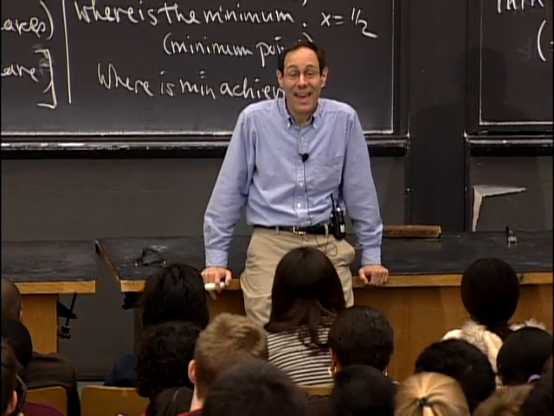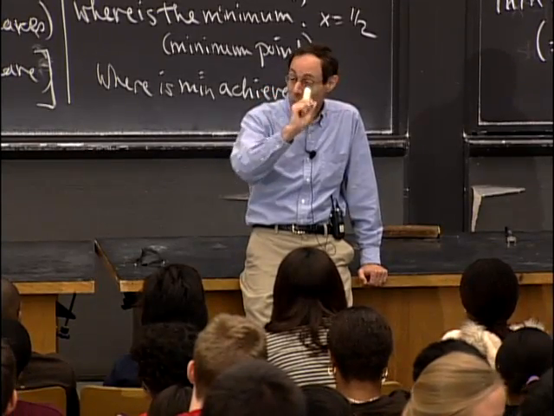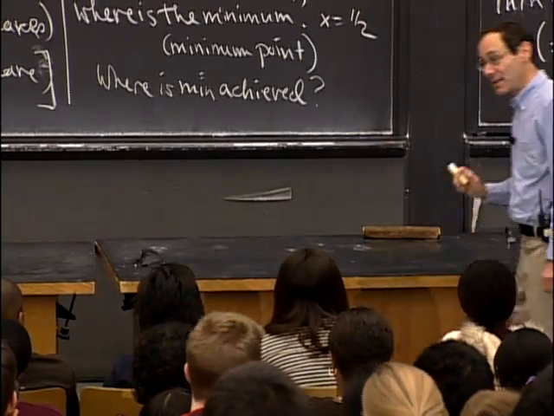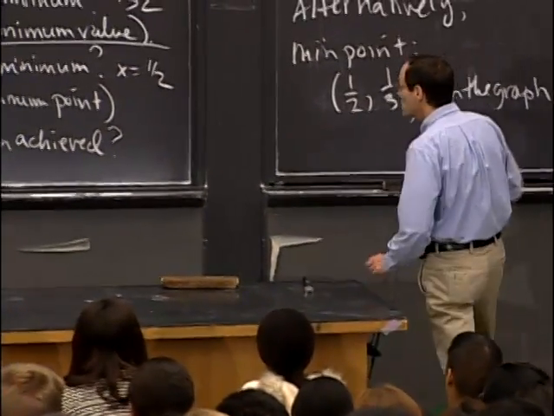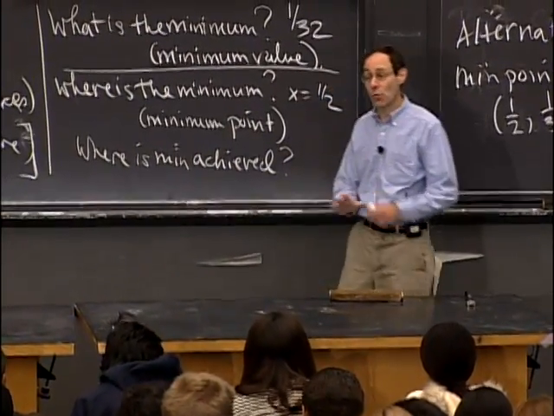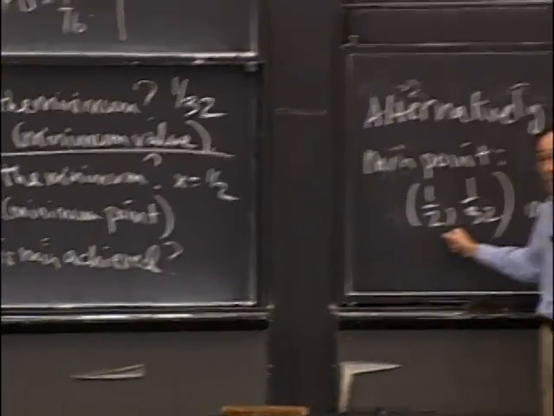Okay? And the answer is that for the purposes of this class, I will probably avoid saying that, but I will say probably where is the minimum achieved, just in order to avoid that. If I actually said it, I often am referring to the graph, and I mean this.